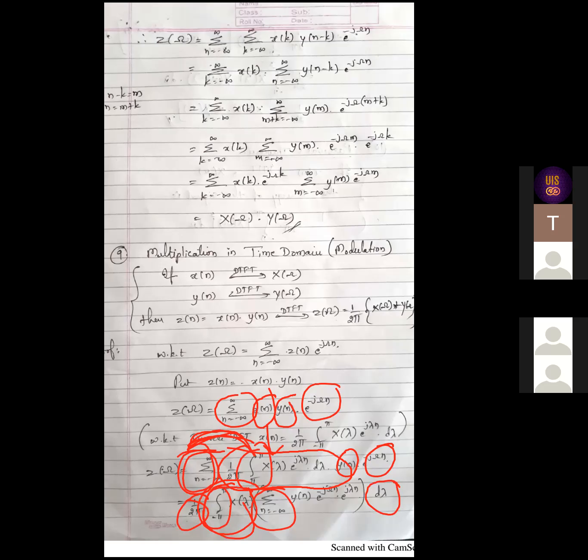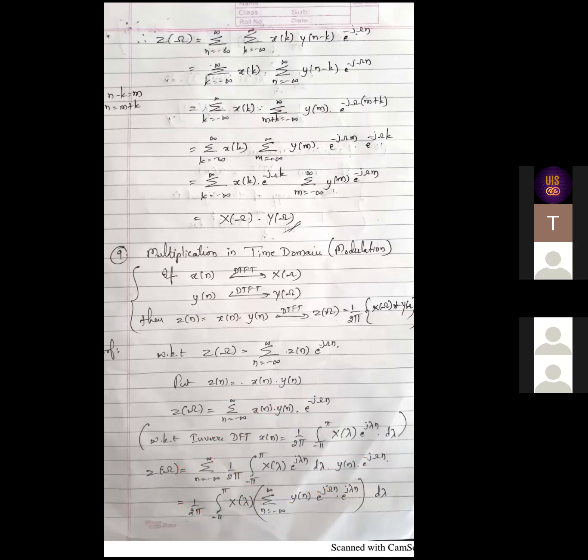Then inside, the remaining terms: the summation, y of n, and both exponential terms. The integration is associated with the constant, hence d lambda at the end, and all the remaining terms together.